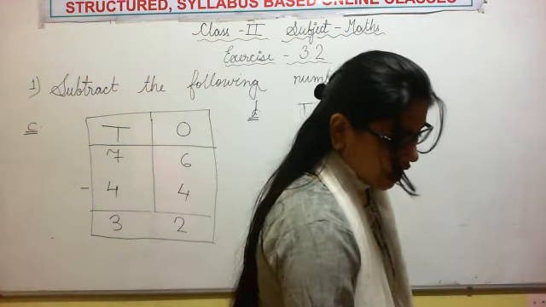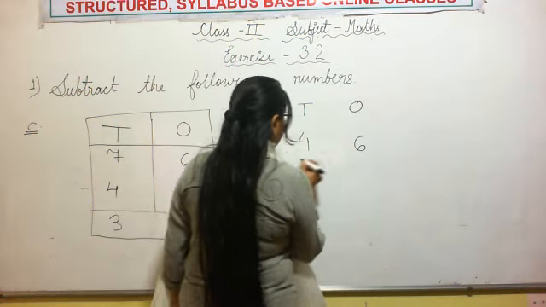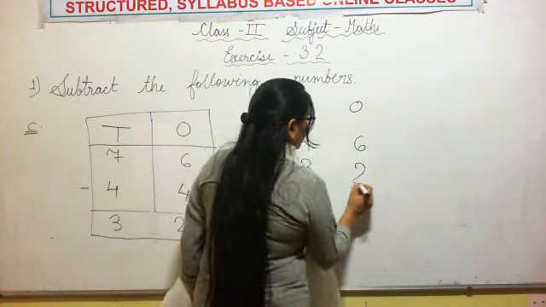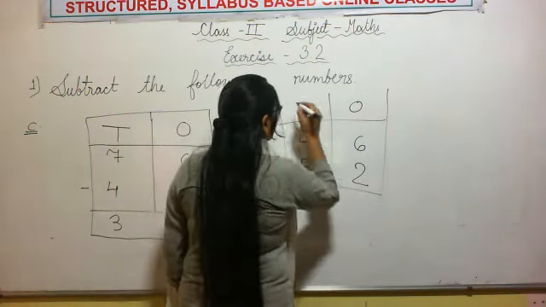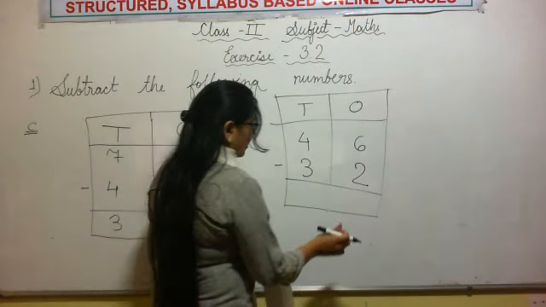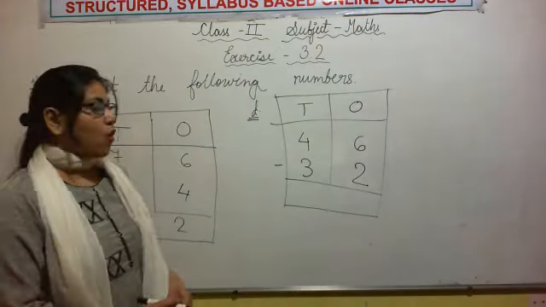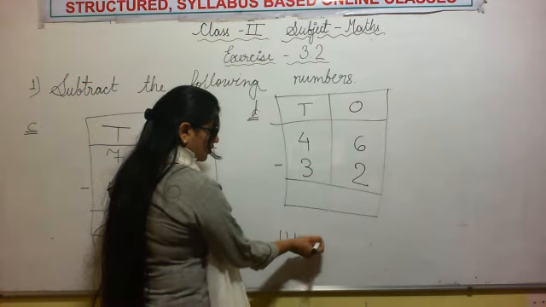Now, 46 minus 32. Again, make the table with a ruler or scale. Do not make it by free hand. Okay. Now, 6 minus 2. First of all, we will draw 6 sticks.